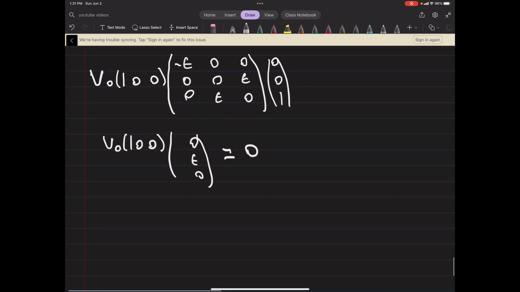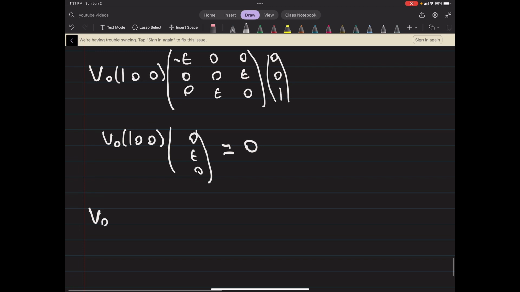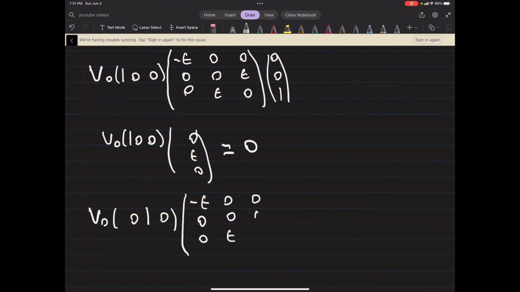If we do it the other way, so V naught 0, 1, 0, our Hamiltonian, this time if you work this out you get epsilon V naught.